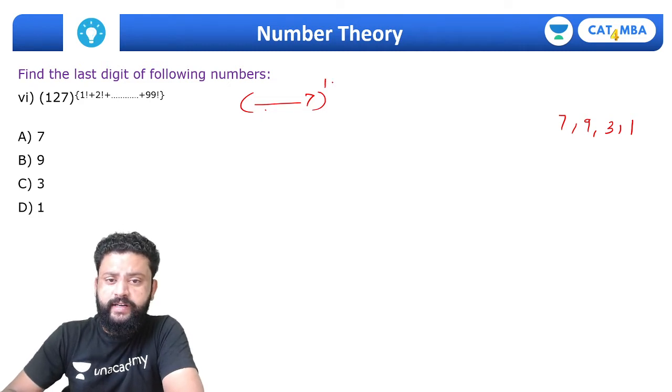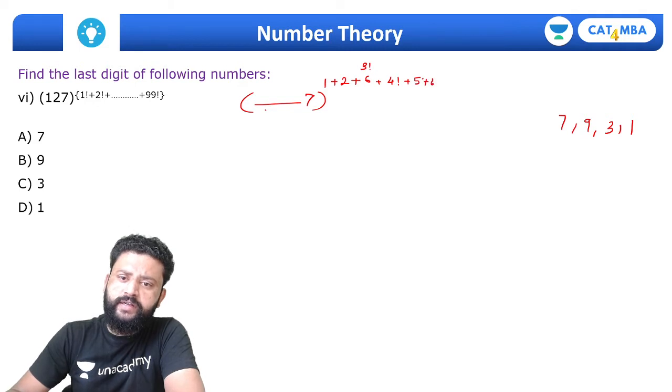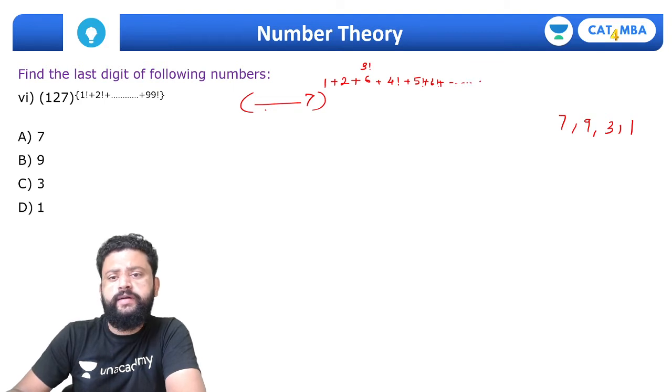So 1 factorial is 1, 2 factorial is 2, 3 factorial is 6. 4 factorial onward, 4 factorial, 5 factorial, 6 factorial, everything 4 factorial onward will be a multiple of 4.